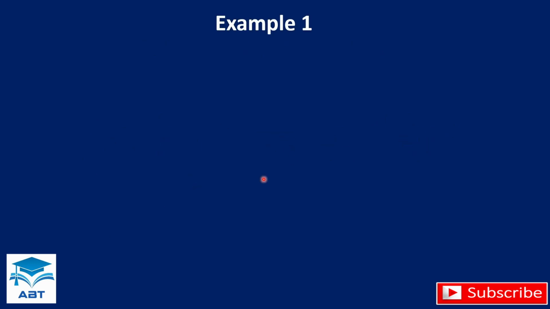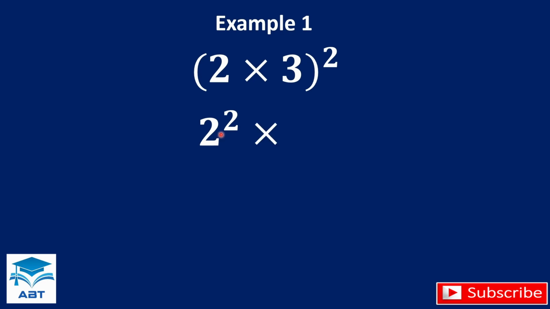For example, if you have 2 times 3 all raised to the power 2, then it means that the exponent, which is 2, will affect each of the numbers in the bracket. So we have 2 exponent 2 times 3 exponent 2.